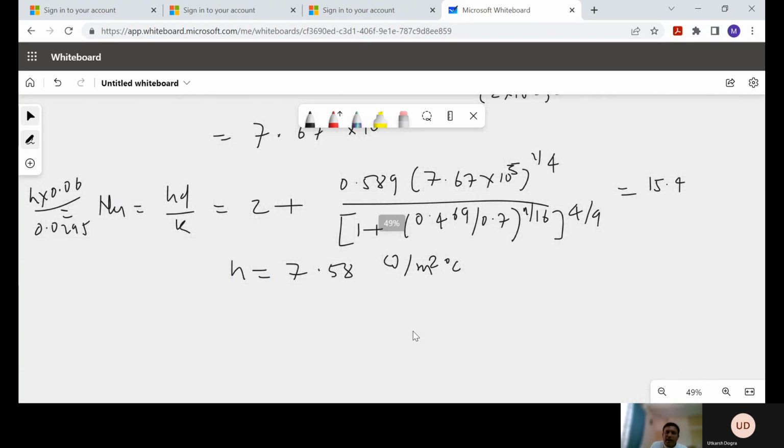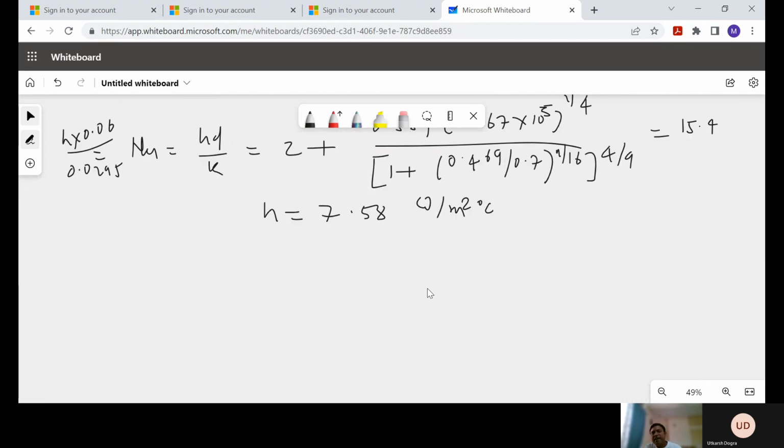Now once we have obtained H, we can calculate the heat dissipated by convection, isn't it? So heat dissipated by convection, QC, can be obtained as H A delta T. In this case H is 7.58.